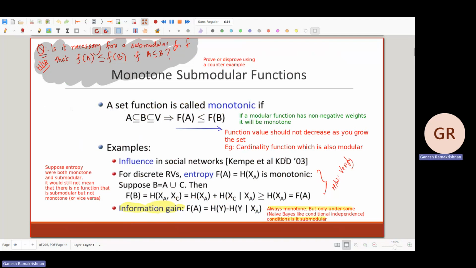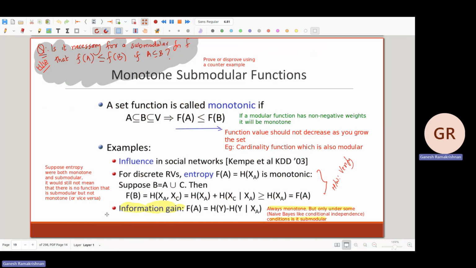And some other interesting points in the same slide: suppose entropy were both monotone and submodular, it would still not mean that there is no function that is submodular but not monotone. So the point I'm trying to make is entropy is a very interesting subclass. In fact, Shannon's conditions on entropy very much coincide with another definition of submodularity, which I won't talk about, based on intersection and union.